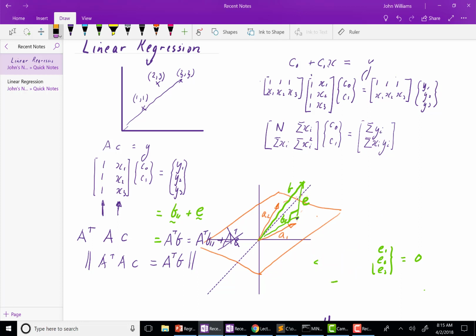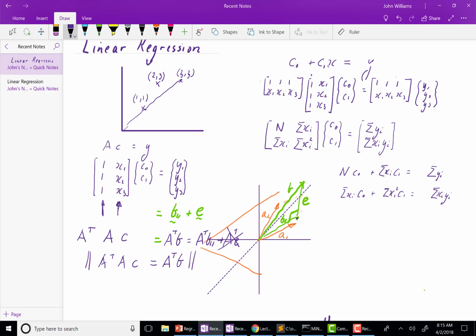Okay, so now I get n C0 plus sigma xi times C1 equals sigma yi, and I get sigma xi C0 plus sigma xi squared C1 equals sigma xi yi.